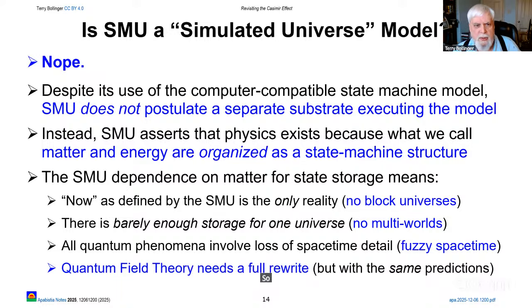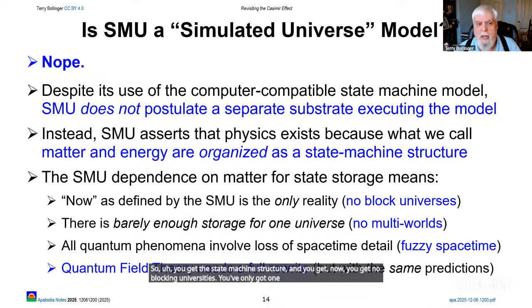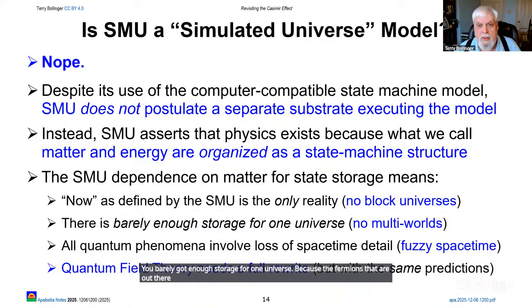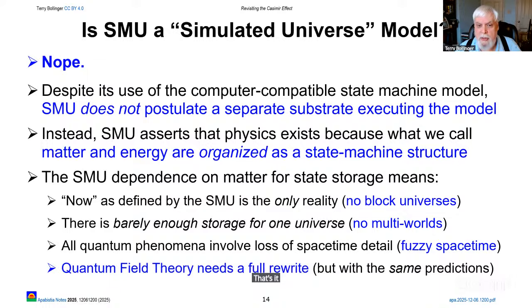So you get the state machine structure, and you get no block universes. You only got one universe. You barely got enough storage for one universe, because the fermions that are out there that you can count, that's it. That's your substrate. That's your state.